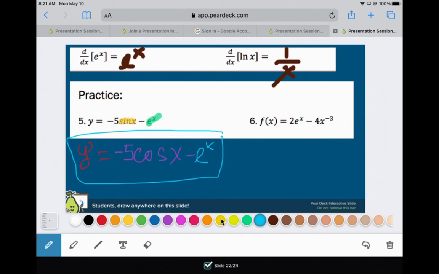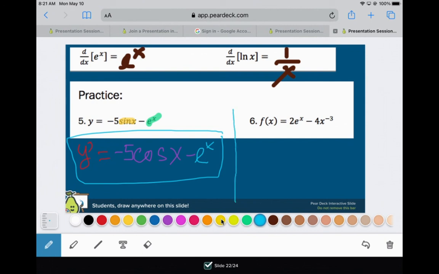Unfortunately, when we run into special functions, there's going to be a different rule for each of them. It's not like the power rule, where we can do the same thing for all powers: you take the power, put it in front, and then subtract 1. But when you run into a special function like trig functions or natural log functions, they have their own rules. So you just have to have them memorized.